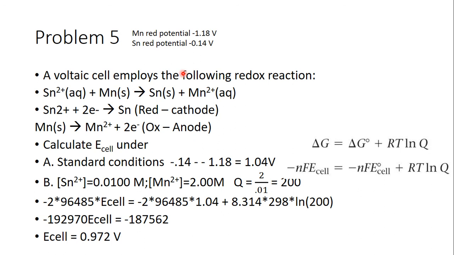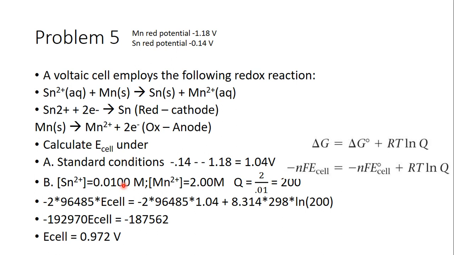So first we have a tin and manganese battery, and we want to calculate that under standard conditions. So tin is being reduced, manganese is being oxidized. So our battery has a value of 1.04 volts. So that's our E cell under standard condition.